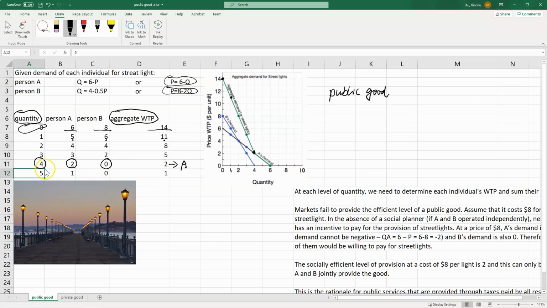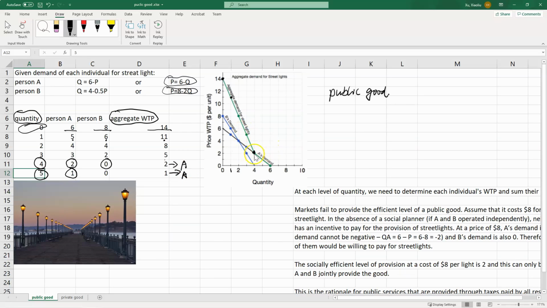And also, if the quantity is 5, A's willingness to pay for one more unit is 1. B would be willing to pay nothing for one more unit of street light. Then the aggregate willingness to pay would still be A's willingness to pay, right?